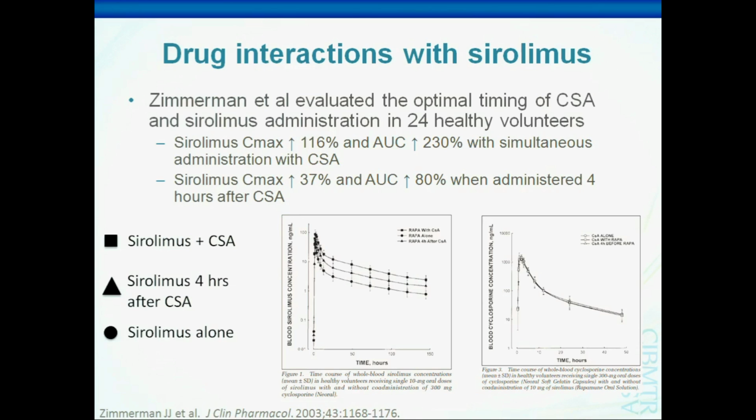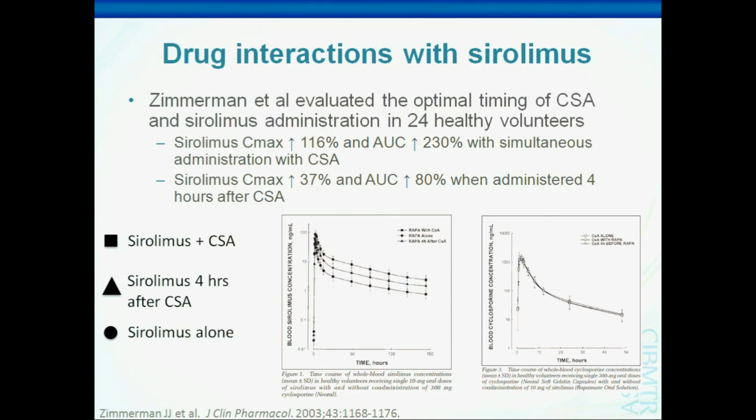Then they looked at those that took sirolimus 4 hours after the volunteer took cyclosporin. And the Cmax was only increased by 37% and AUC by 80%. And that's shown here on top. The top one is where the patient took sirolimus with cyclosporin.